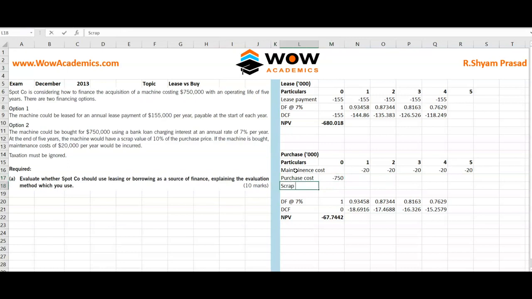Scrap value usually occurs at the year end. The life of the machine is 5 years, but only at the end will it occur. So we can have cash flow as a number. We add all the numbers from scrap to the maintenance cost, close it, copy it, paste it. We got all the cash flows.